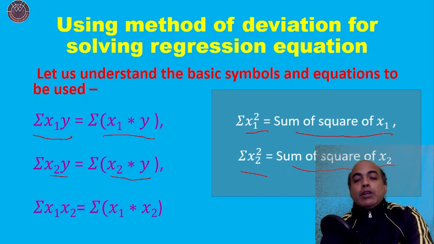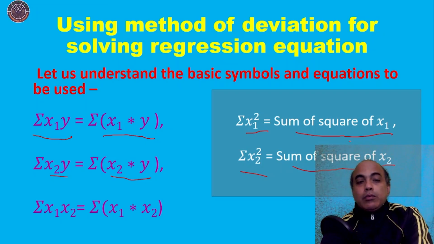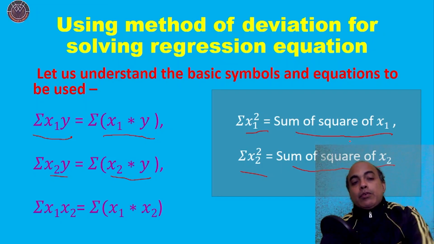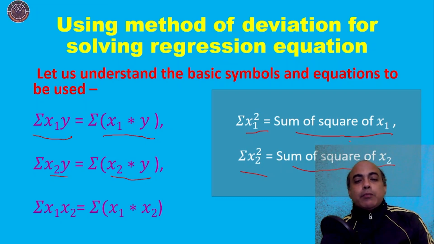And similarly, sigma x2 square is equal to sum of squares of x2, and you will know what is x1 and what is x2. Small x1 is capital X1 minus x1 bar, and small x2 is equal to capital X2 minus capital X2 bar. And what is y? Small y is capital Y minus y bar. So this is the meaning of small y, small x1 and small x2, and these different symbols, different terms which we will be using. We will be using sigma of x1y, sigma of x2y, sigma of the product of x1, x2, and sigma of x1 square and sigma of x2 square.